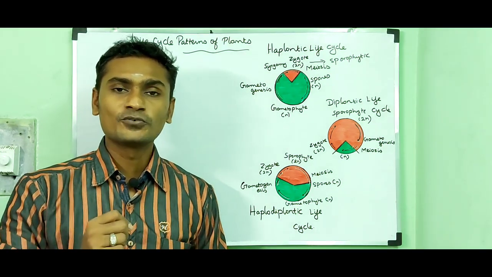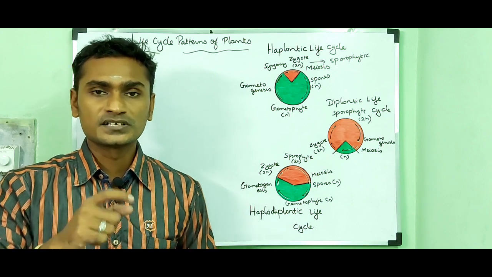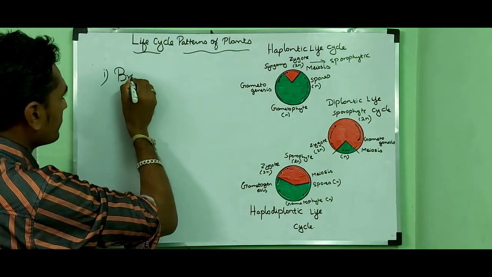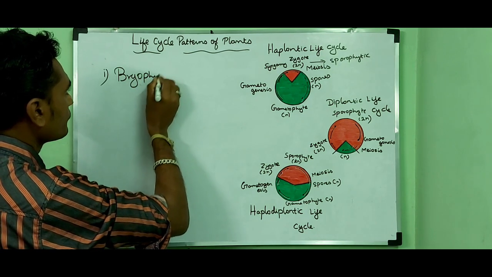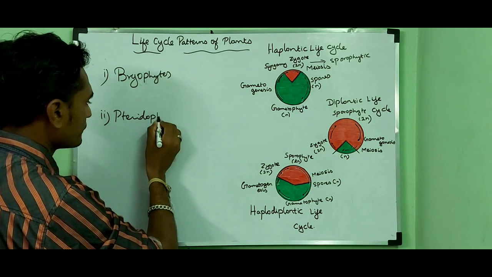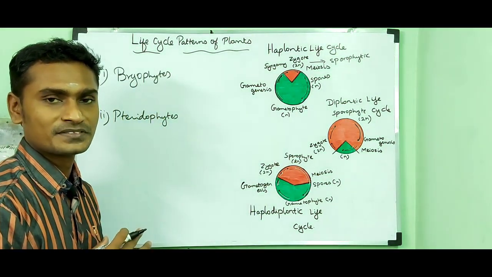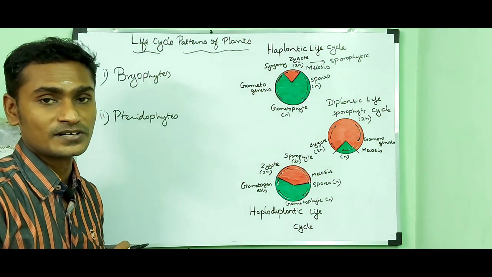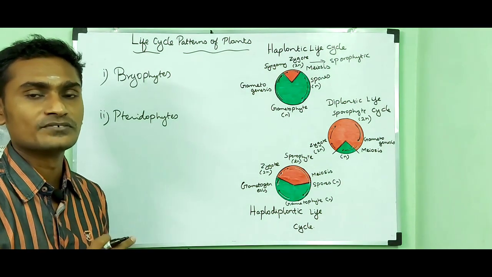This type of life cycle is found in bryophytes and pteridophytes, which is intermediate between the haplontic and diplontic phases. Both the haplontic and diplontic phases are represented by multicellular stages, but they differ in dominant phases.